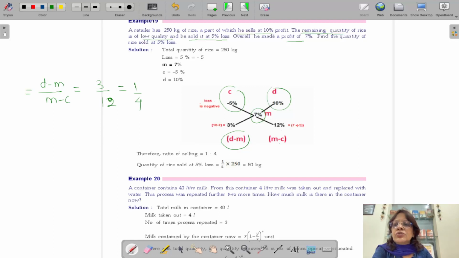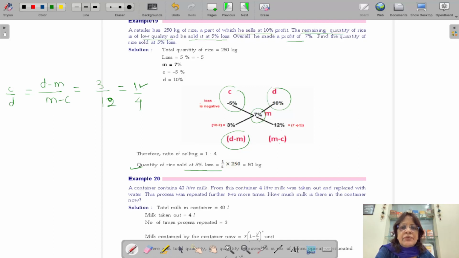This is a ratio of cheaper quantity upon the dearer quantity, 1 upon 4. Now the question says find the quantity of rice sold at 5% loss. The ratio is coming 1:4, cheaper upon dearer.